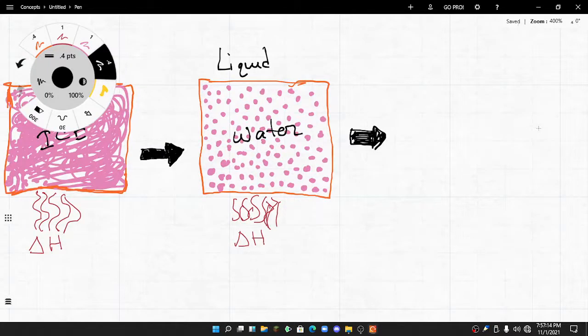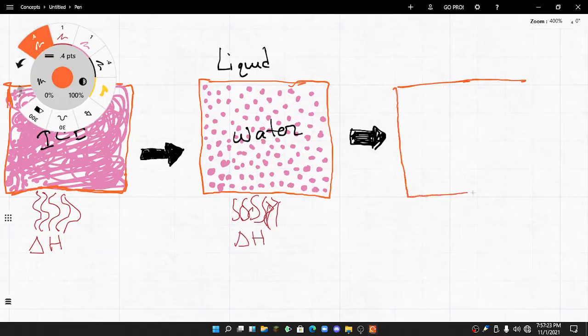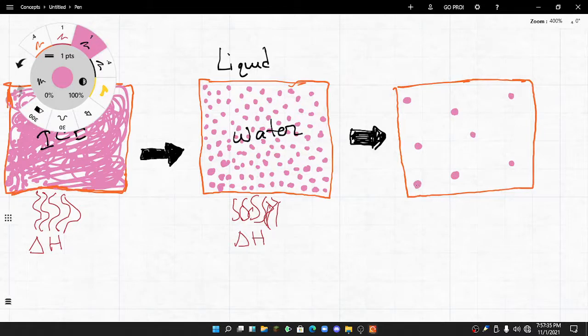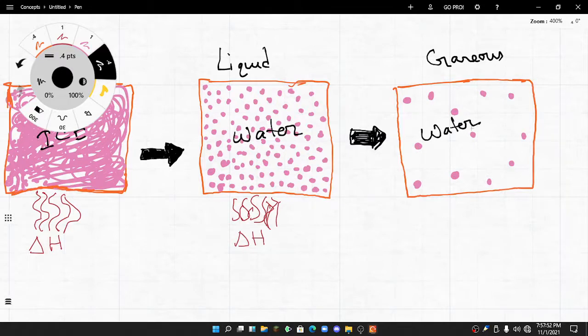Now they're moving very far, only a few particles left. They moved so far. So this state is known as the gaseous state, and in terms we could call it water vapor. Yes, water vapor.